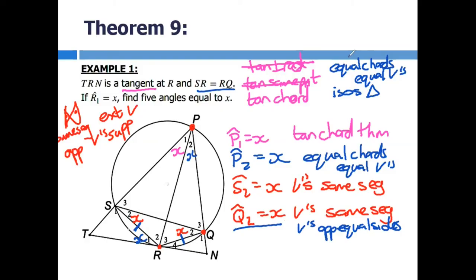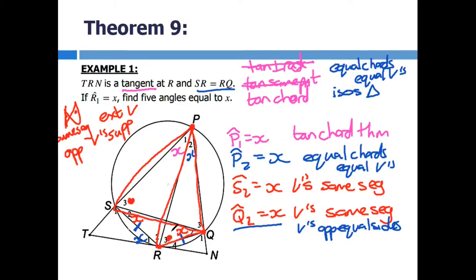Let's have a look at how we could highlight with S3. Angles in the same segment is still our red. S3 would be equal to R3.